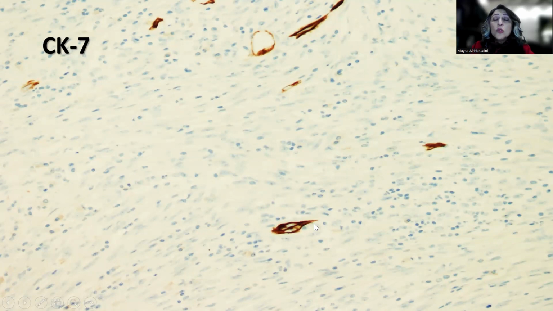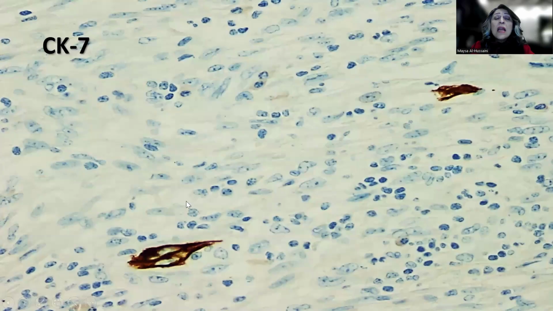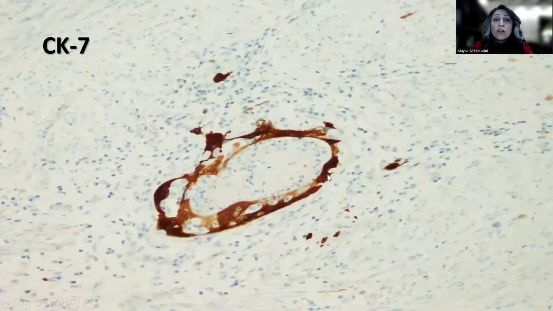Frequently, these cannot be identified with confidence. Look at the flattened epithelium here, and on high power magnification with cytokeratin 7, these are easily missed or misinterpreted as part of the fibromyxoid stroma or even vascular channels.